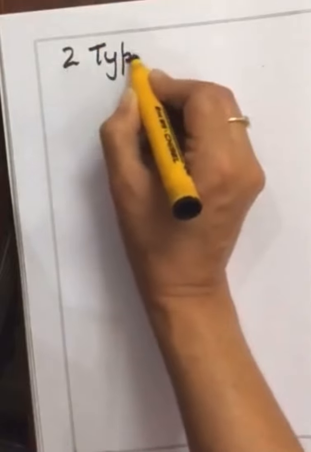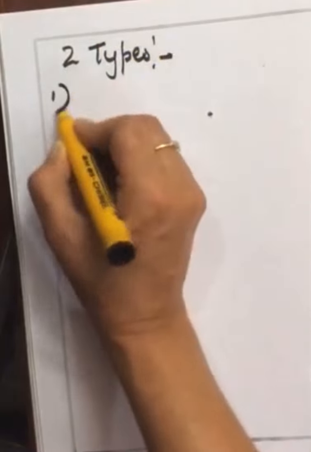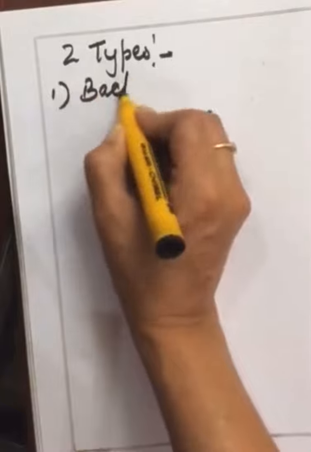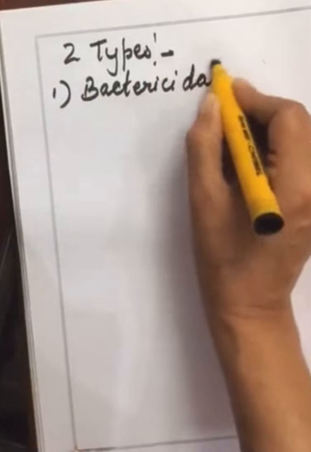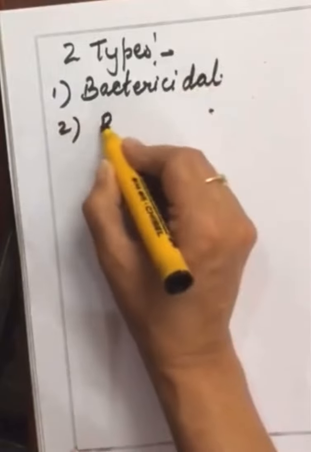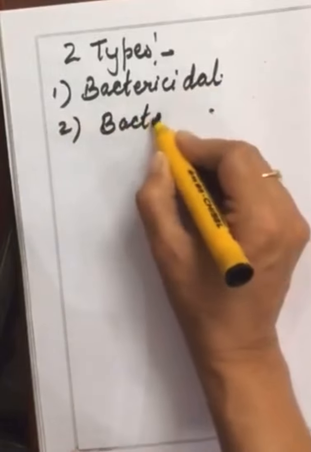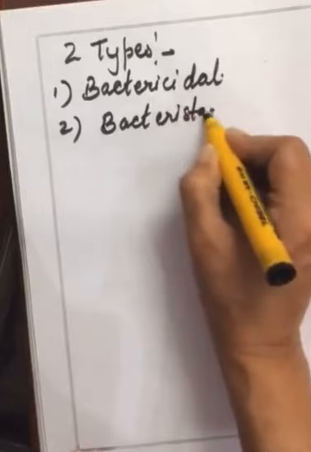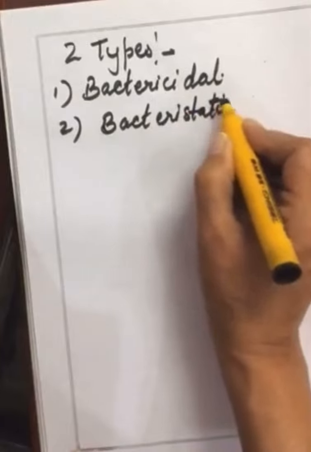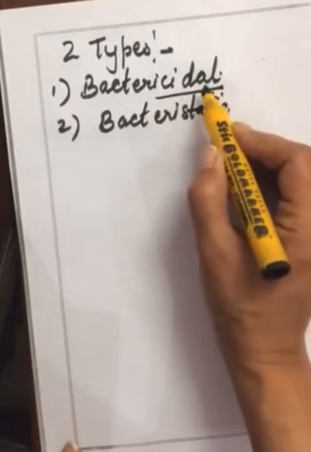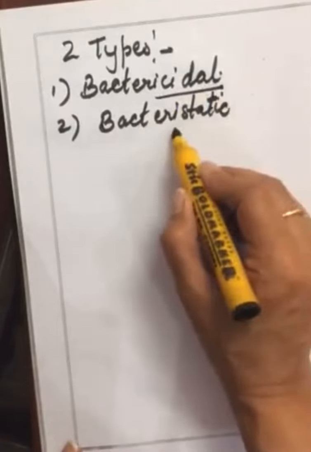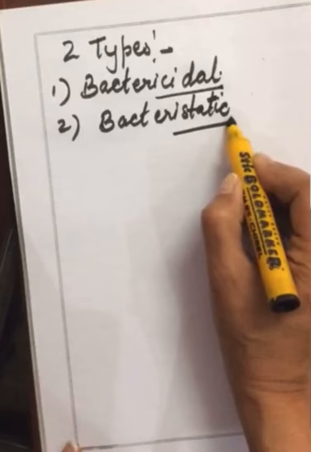Two types: bactericidal and bacteristatic. This we did last time. Cidal, like I told you, means killing and static means stable.